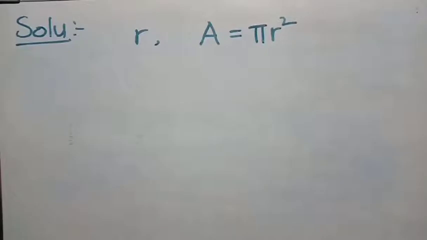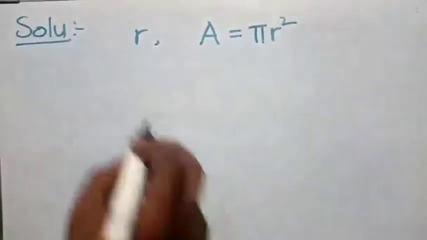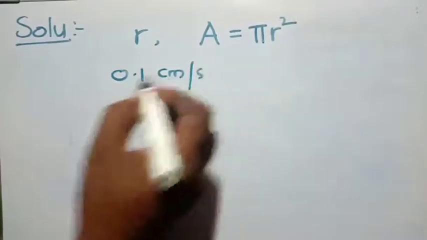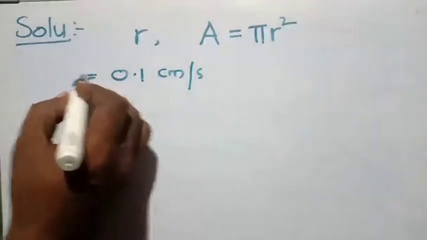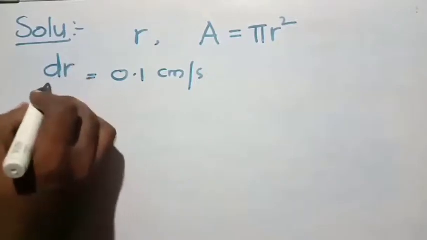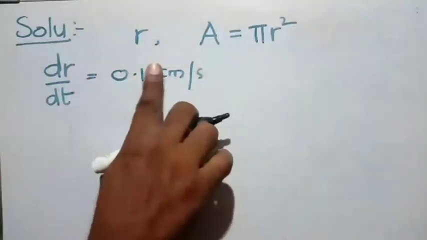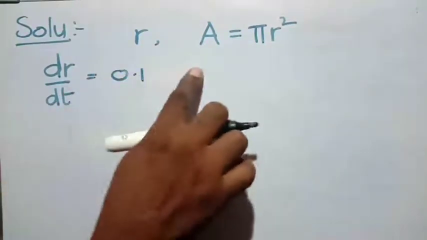And the second concept given to us: the radius is increasing at a rate of 0.1 centimeter per second. That means there is an increase in radius with respect to time, which is 0.1.